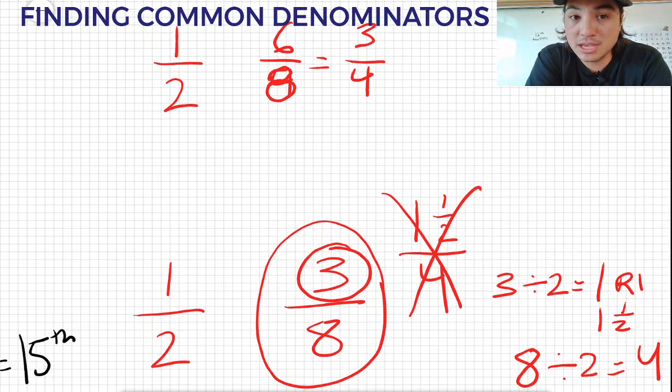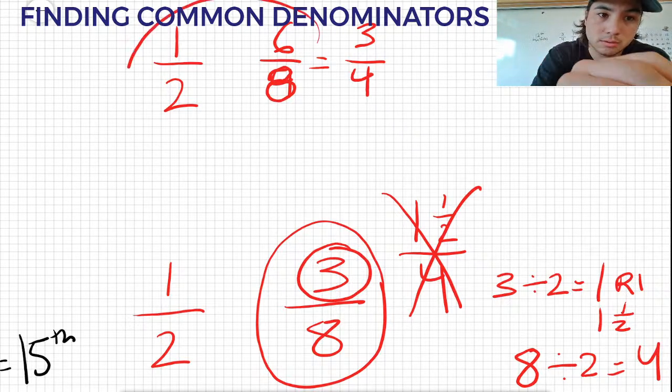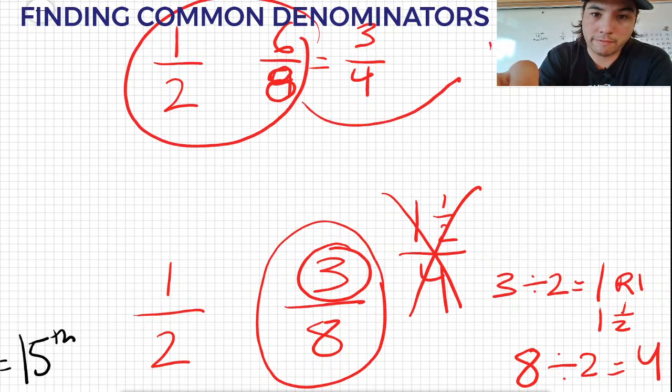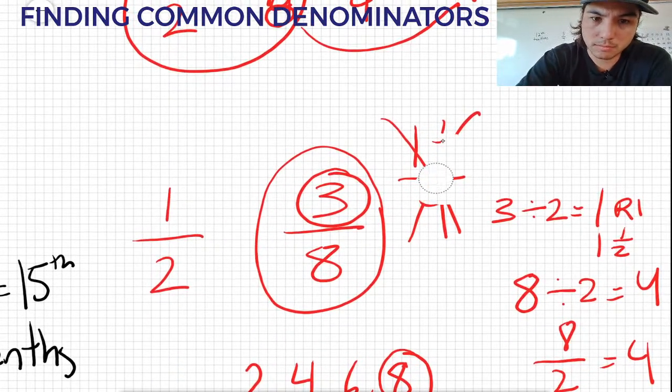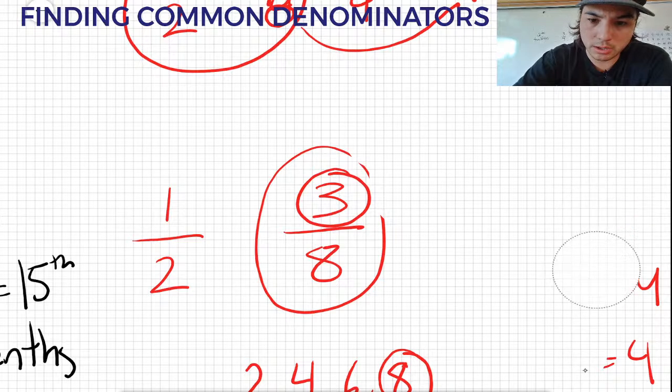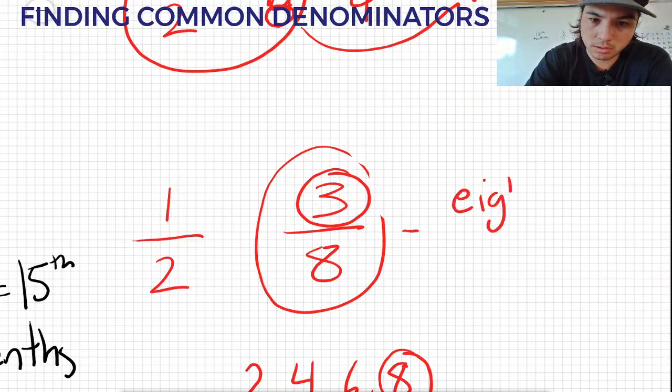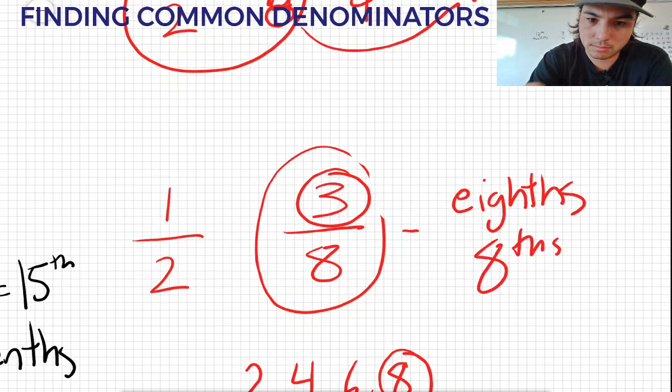Because they're both even, we can cut them both in half and they will still have whole numbers top and bottom. So in this case, 4ths would be okay. But in this case down here, we're going to want to use 1/8ths.